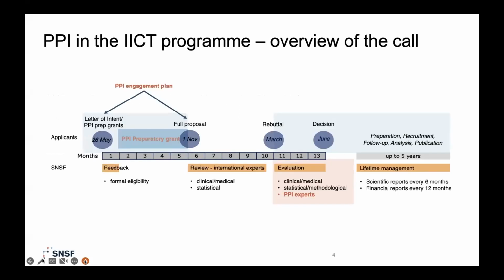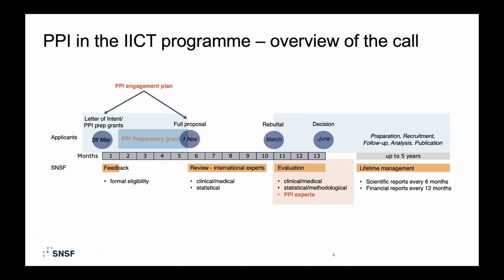And this is an overview of the call. Some information you've already seen today. This is focused more on what we do with the application. On the 26th of May, you should submit the letter of intent and the PPI preparatory grant request. We will check some formal aspects and give you feedback.